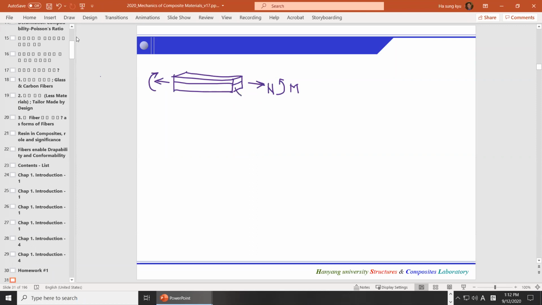Let's say we have a modulus E1 and E2, while each material is isotropic. And since those materials are isotropic, and also this structure is assumed to be a beam.